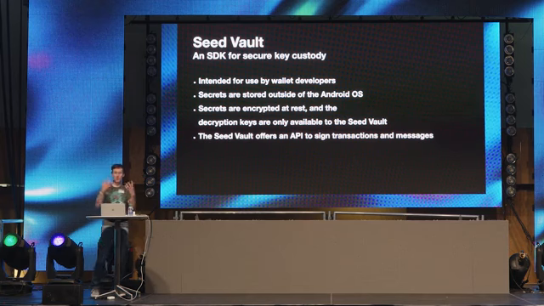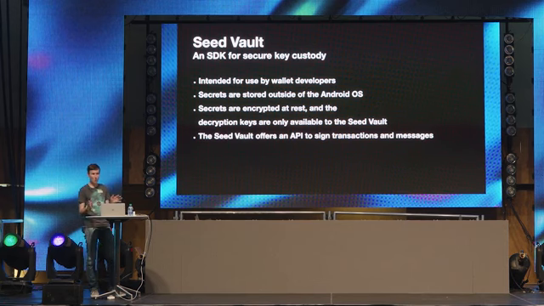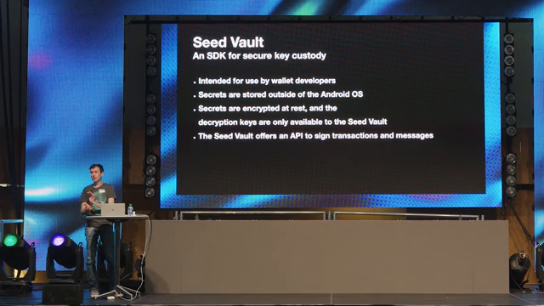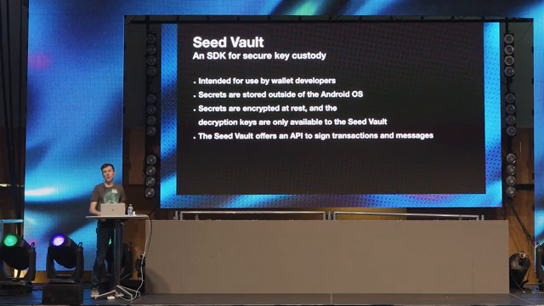It takes away the responsibility of custody from a wallet, and in exchange gives back this API. And notably, there is no API to export your private key or your seed phrase to anything running on Android OS, any software, not even the wallet.